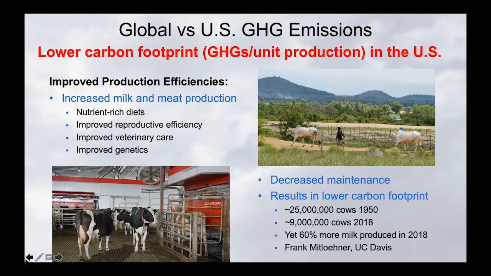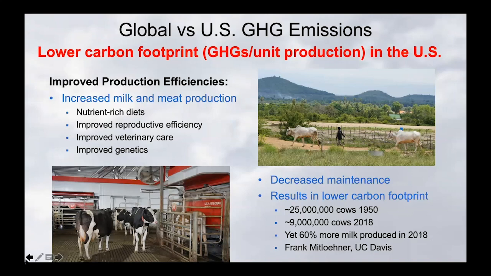And this is really because we've developed a lot of production efficiencies. We've increased our meat and milk production. We have nutrient-rich diets, so they're getting the protein and things that they need without a whole lot of the extra cellulose and releasing a lot of methane. We've improved our reproductive efficiency. We have better health care so they don't die as easily. We have improved genetics.